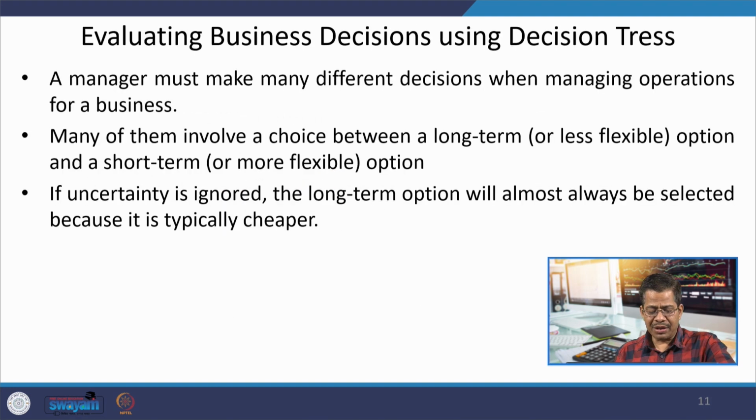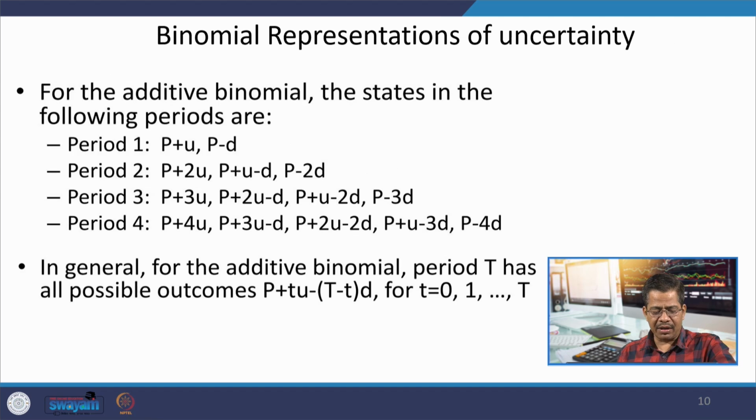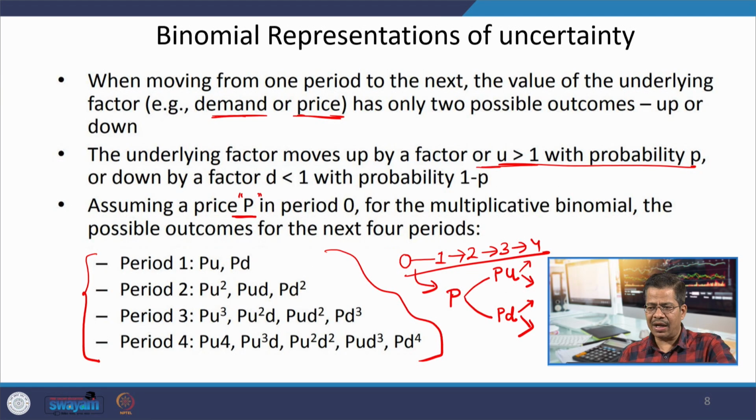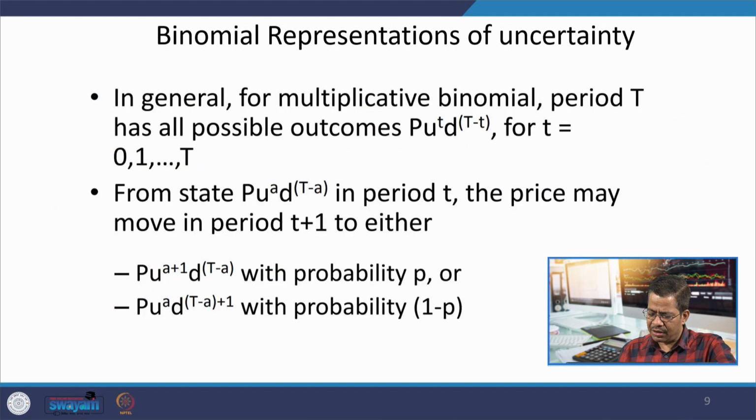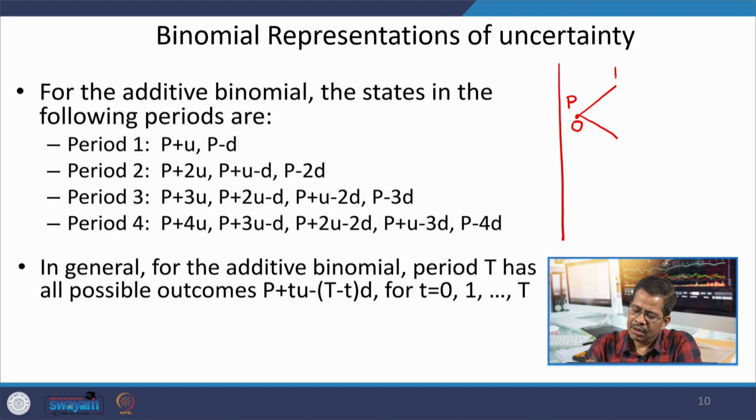Here you can see with the help of a decision tree, in a graphical manner, how these probabilities are explained in a sequential manner. So, let me use some space for that purpose. If in the beginning the price is p and then it is increasing and decreasing with a particular probability, so after period 1 this has become pu or pd.